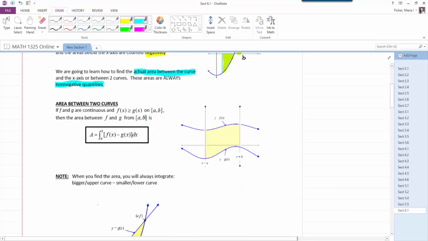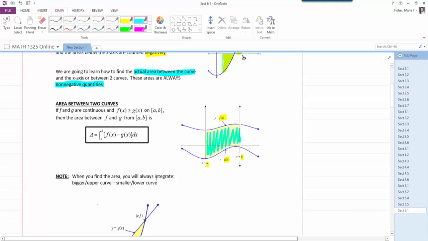If f of x and g of x are both continuous functions, where f of x is bigger than g of x on a closed interval a, b, so here is my f of x and here is my g of x, and notice that f of x always lies above g of x from a to b, then if I'm looking for the area between these two curves, the area is always going to equal the integral from a to b of f of x minus g of x dx.